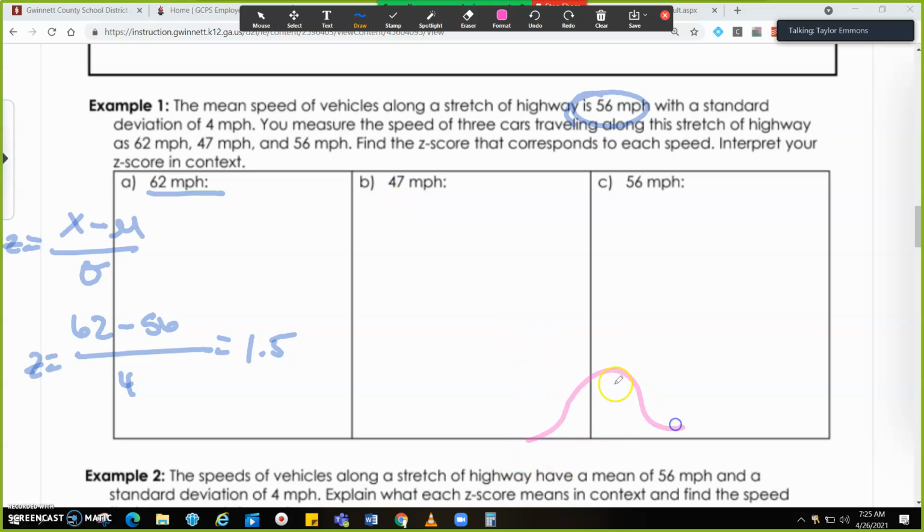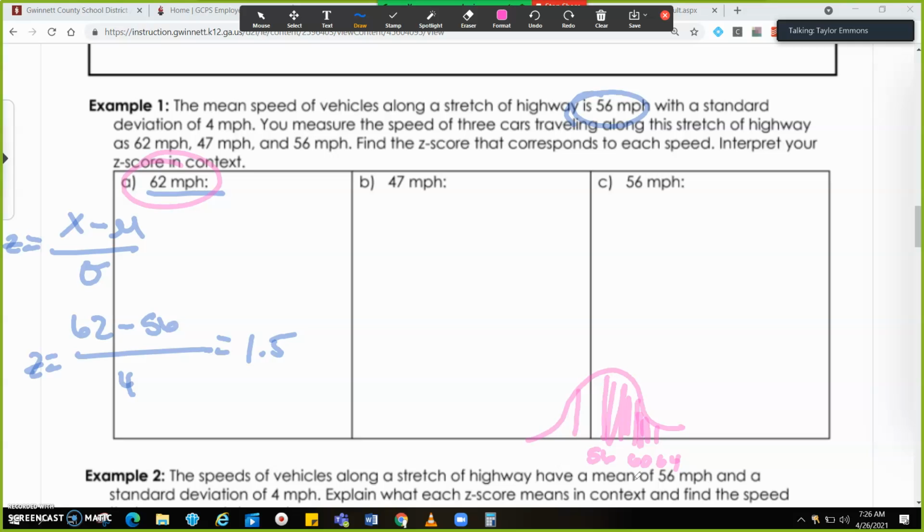We've got the normal curve, we've got a mean of 56, the next one over would be 60, and the next one over would be 64. And as you can see, 62 would be 1 and a half standard deviations away from the mean.